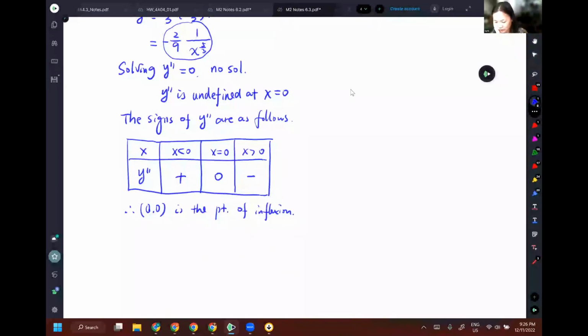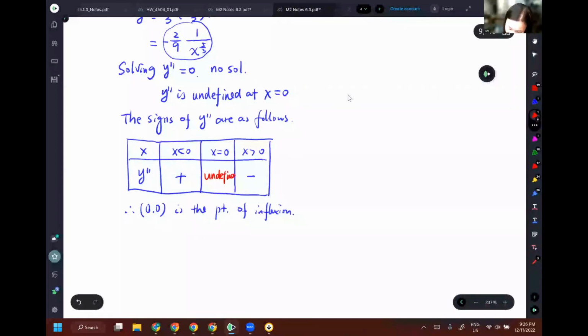Miss Chen, should we say y at x equals 0 is undefined, or its sign is 0? Y prime prime. Oh, sorry. I made a mistake again. It's undefined. I shouldn't say 0 because it's undefined.